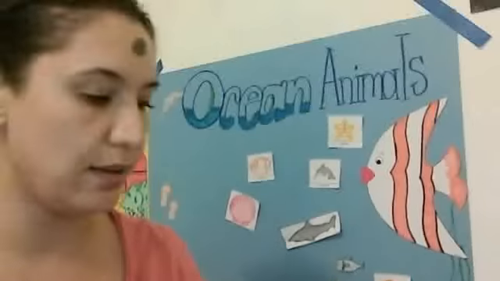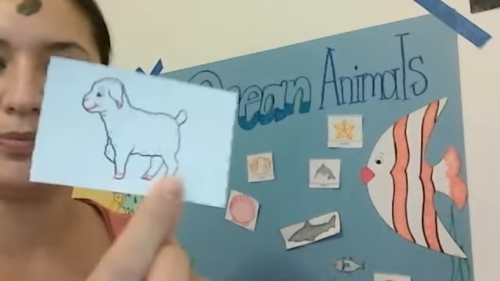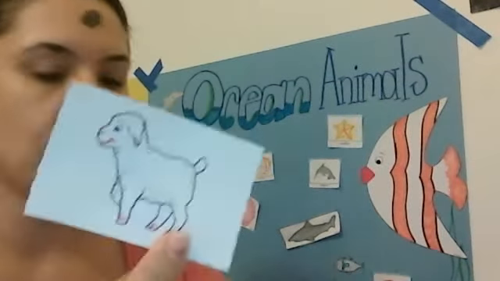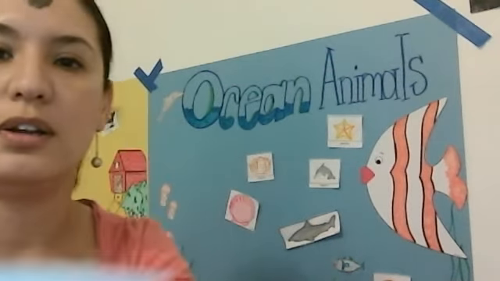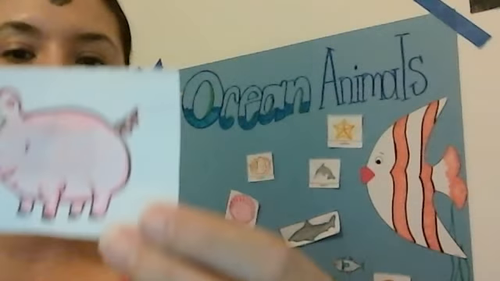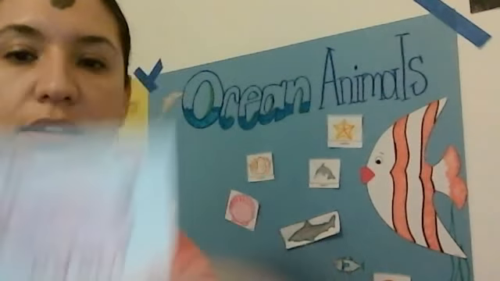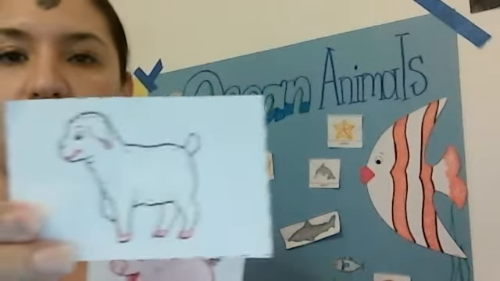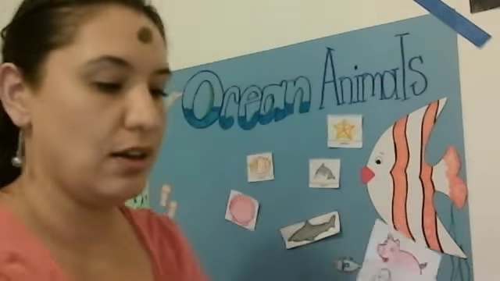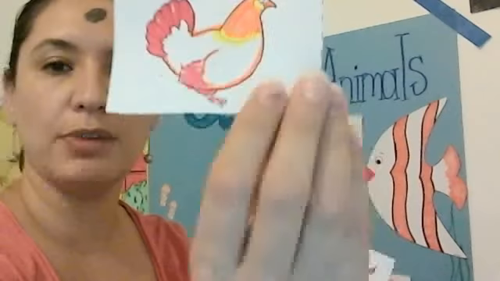I have a sheep, and of course with these animals, I will point out the features. They have four legs. Okay? This one has 4 legs. It does not have a fin. Okay. This one has 2 legs, but does not have a fin.